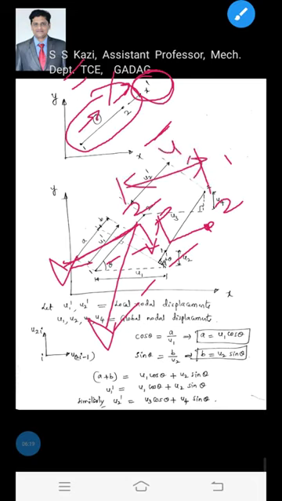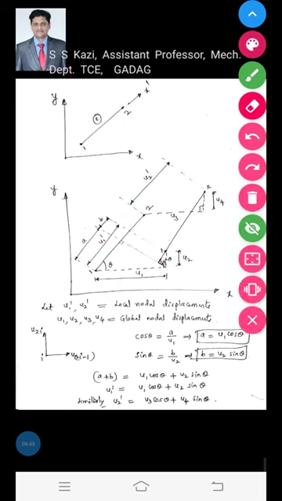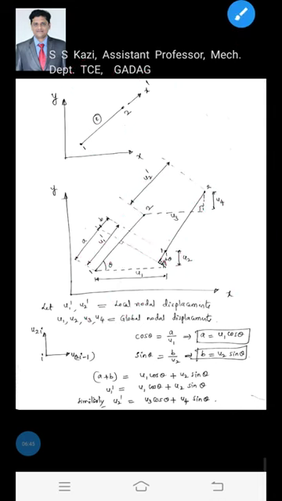This is u1 dash, the local displacement in the x dash direction. For the global displacement, node 2 will have u1 in the x direction and u2 in the y direction. The local and global displacements have to be related, which we will discuss later.